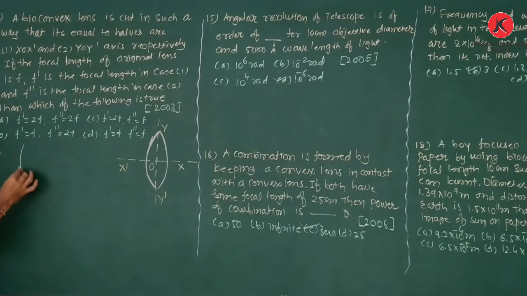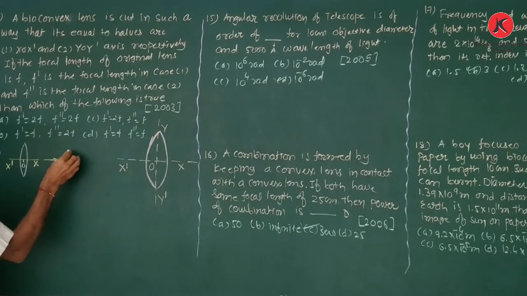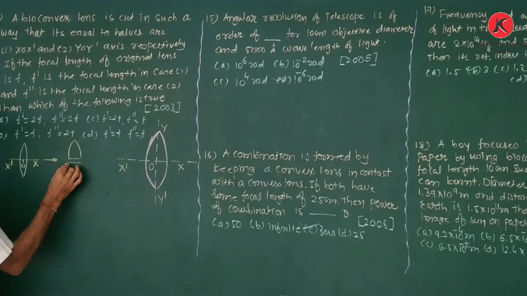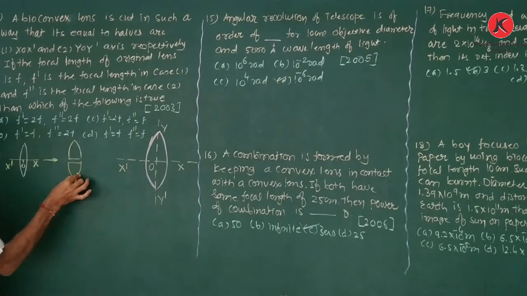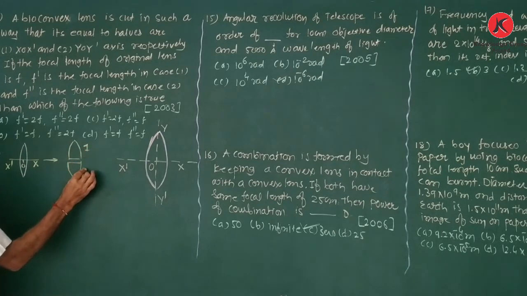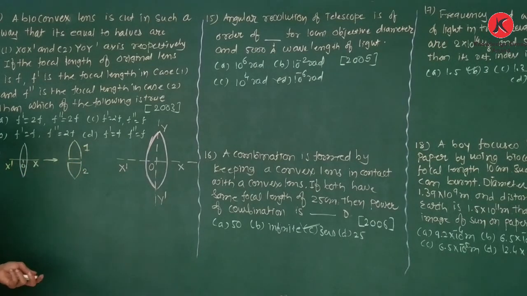Now the first section. The given lens is divided into two parts this way, along x o x dash, there is the o, there is the x, there is the x dash. As a result, this lens acts like this: one lens and a second lens is this. Clear? Okay.